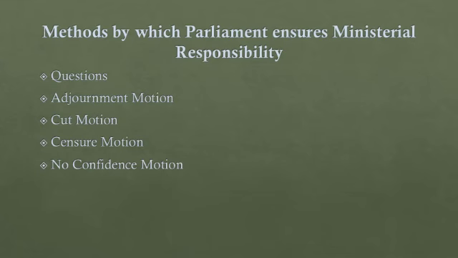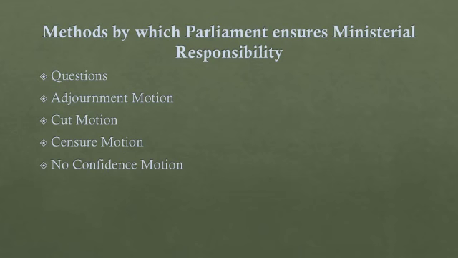The first is putting questions to ministers, which should be properly answered. The next method is moving an adjournment motion, for discussing an important matter that should have urgent consideration. Another one is moving a cut motion. This motion is moved when financial matters are under consideration.